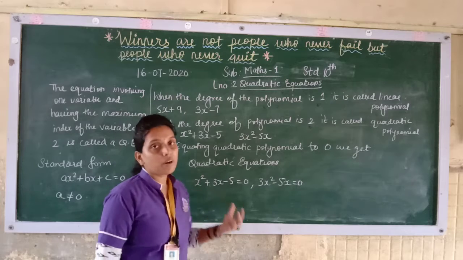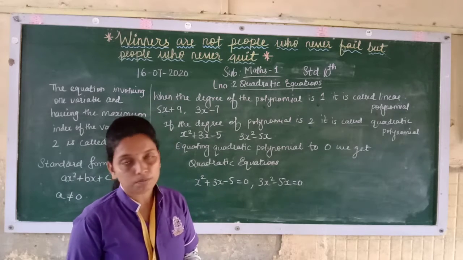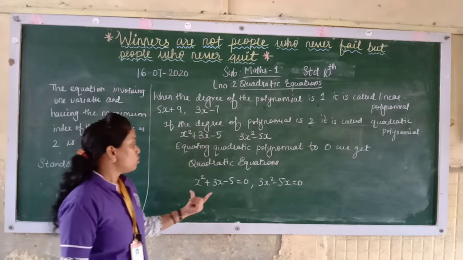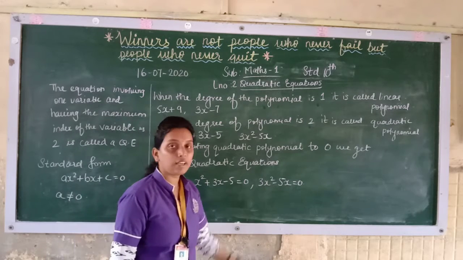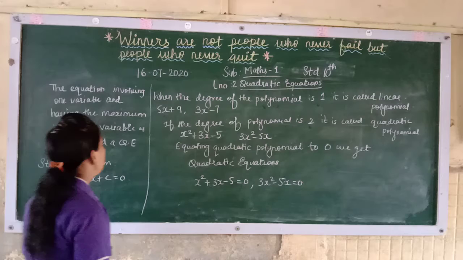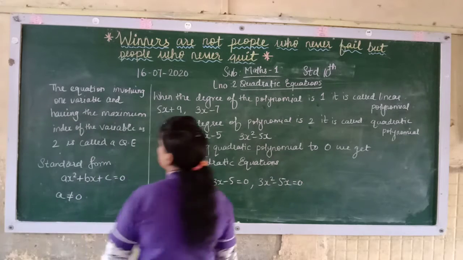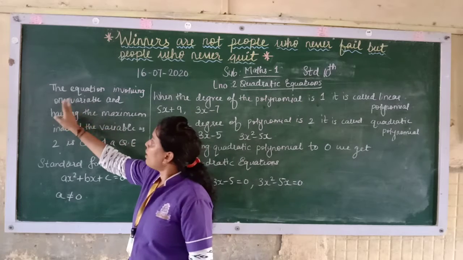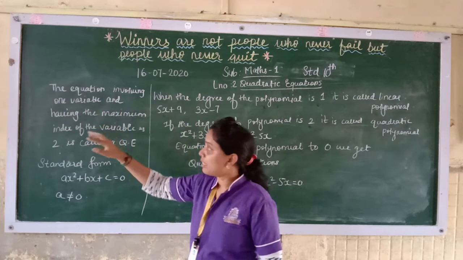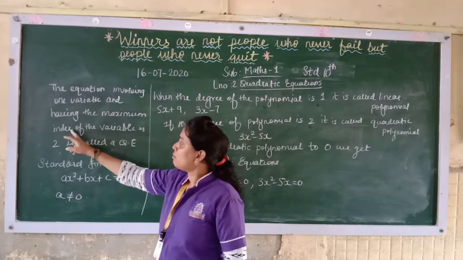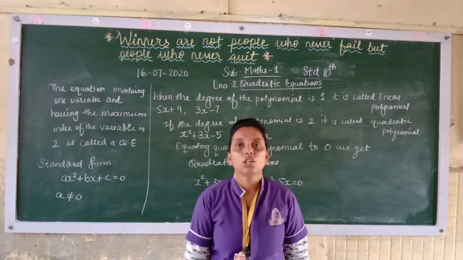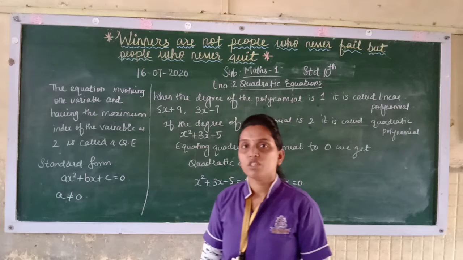And when you equate this polynomial to 0, it is known as a quadratic equation. So this is the quadratic equation. You can conclude that an equation involving only one variable, and having the maximum index of the variable as 2, is called a quadratic equation.